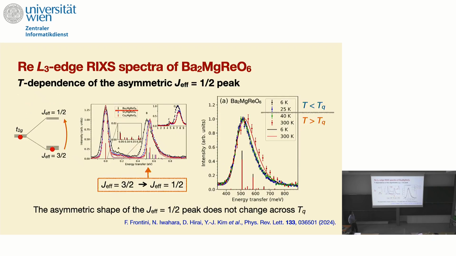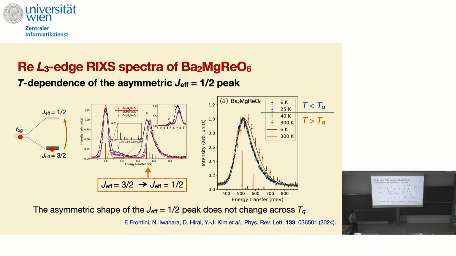So this is the experimental data of barium 2 magnesium rhenium O6, and this part of the spectra in particular shows the excitations from the ground state to the excited state. The important thing is that the spectrum is not symmetric, but asymmetric.